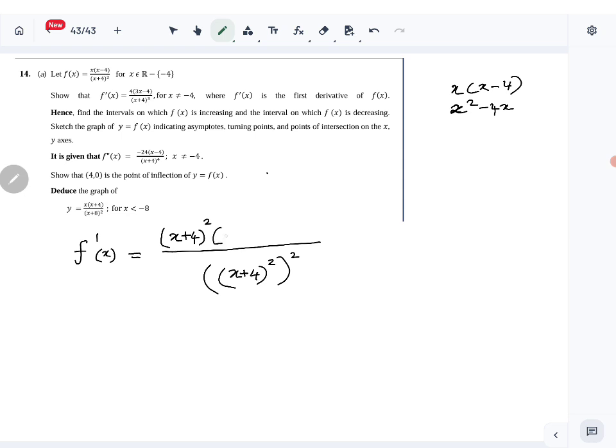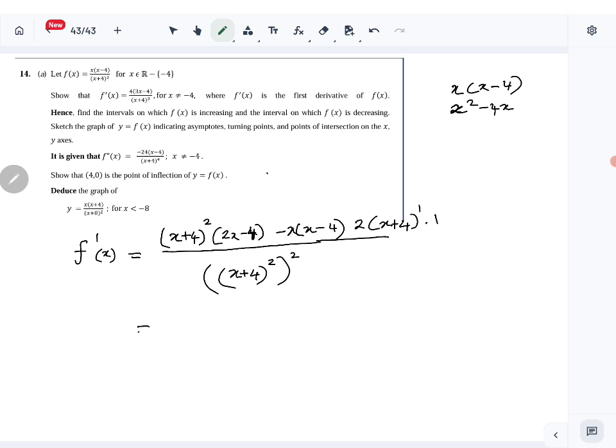Then you get 2x minus 4, minus x into x minus 4 times the derivative of the denominator, which is 2 into x plus 4 times 1.